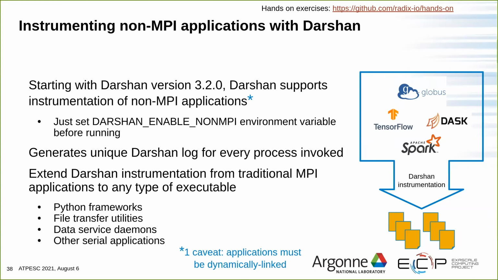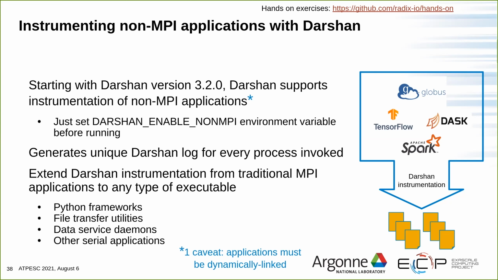We no longer require users to call MPI_Init or MPI_Finalize, so they can use this non-MPI version of Darshan for any other type of serial program, or something launched by Spark or Dask or what have you. All that you have to do is set the Darshan enable non-MPI environment variable, and it should just work for you. In this case, it will generate, again, a unique Darshan log for every process that's invoked while you've got Darshan enabled like that.